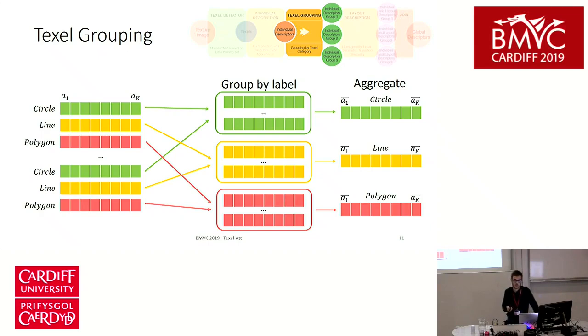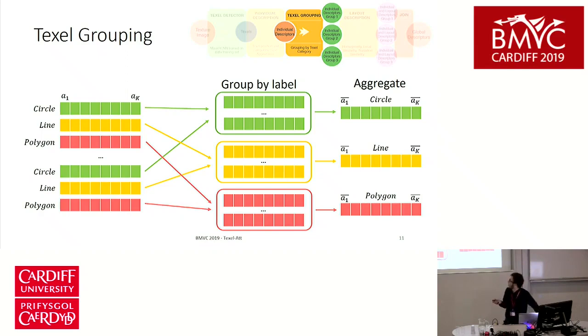So we have a set of circle texel descriptors, line texel descriptors, and polygon texel descriptors, and we aggregate them into a single attribute vector by simply averaging them. If we don't have any texels of a particular class in an image, we simply use default values.